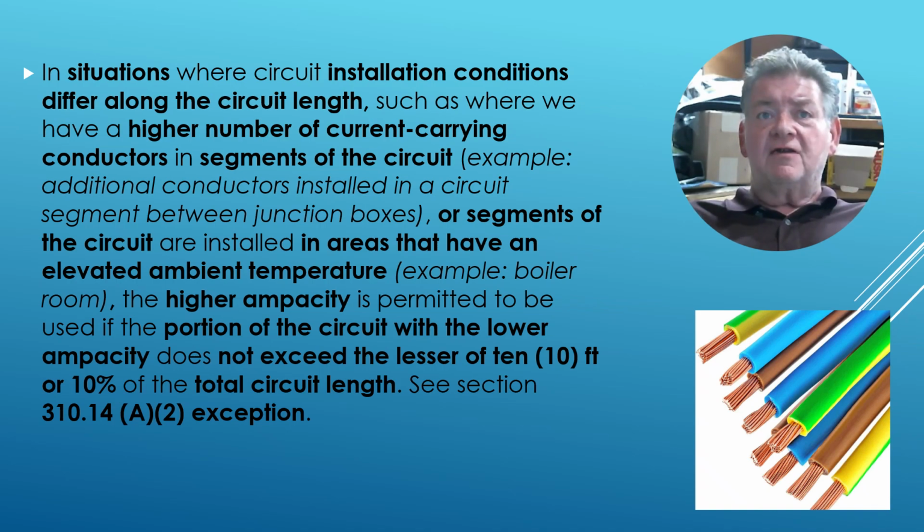So in those situations where the circuit installation conditions differ along the circuit length, such as, again, where we have a higher number of current carrying conductors in a segment of the circuit, or segments of the circuit are run through an area that has an elevated ambient or surrounding air temperature, the higher ampacity is permitted to be used if the portion of the circuit with the lower ampacity does not exceed the lesser of either 10 feet or 10% of the total circuit length.